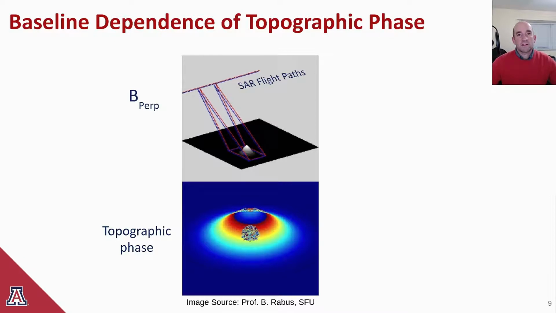So now hopefully you can see that the paths have moved slightly apart, and in the bottom image I see some color change. This is one complete colour cycle, or fringe as we call it, going from dark blue, which is 0 phase, through green, yellow, red and back to blue. This is analogous to a height contour on a map.